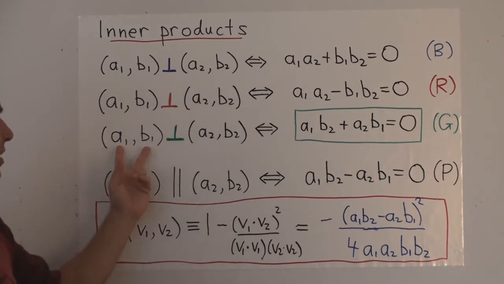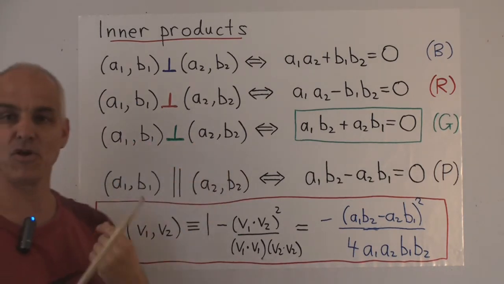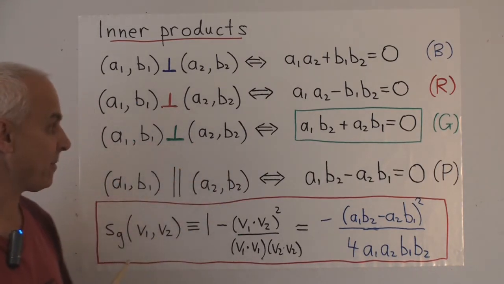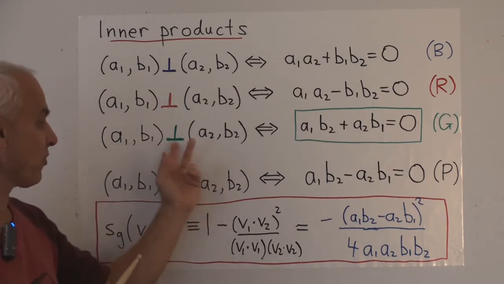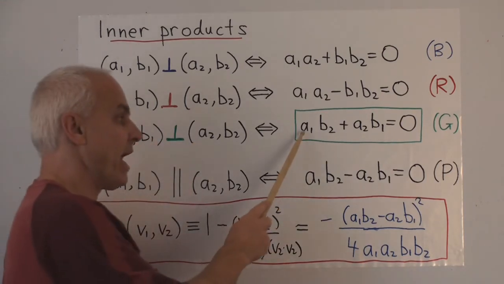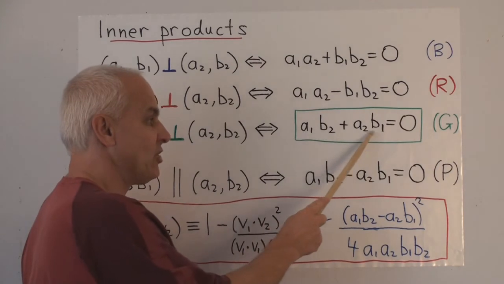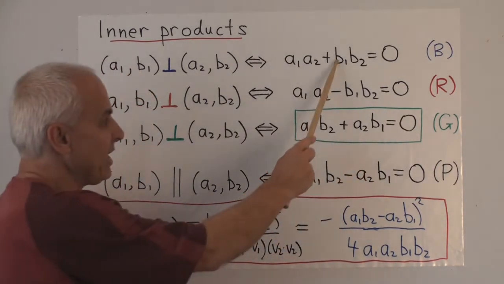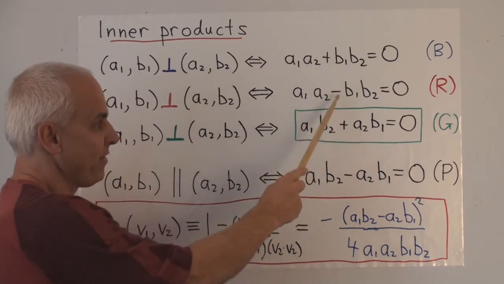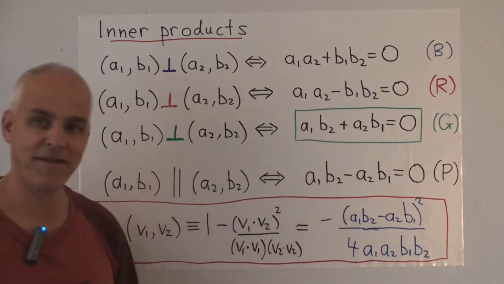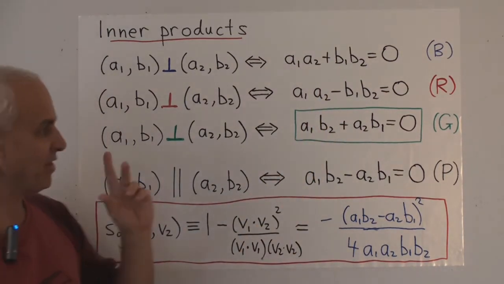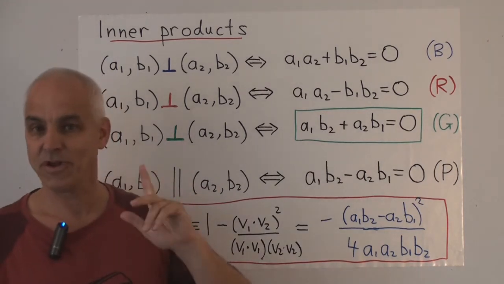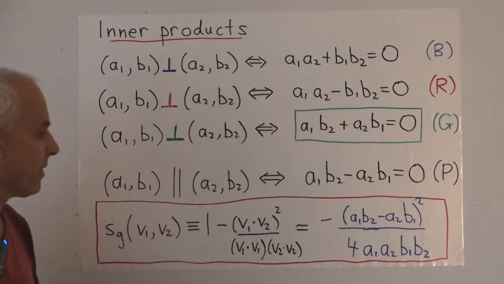And in a similar way, there's an inner product that represents the green notion of perpendicularity. Two such vectors are green perpendicular precisely when a1 b2 plus a2 b1 equals 0. So we have these three inner products, the blue one, the red one, and the green one, and we'll see that these three inner products have beautiful connections with each other.